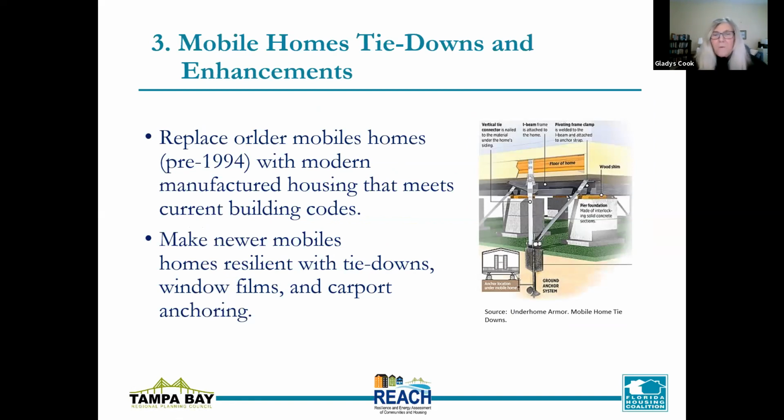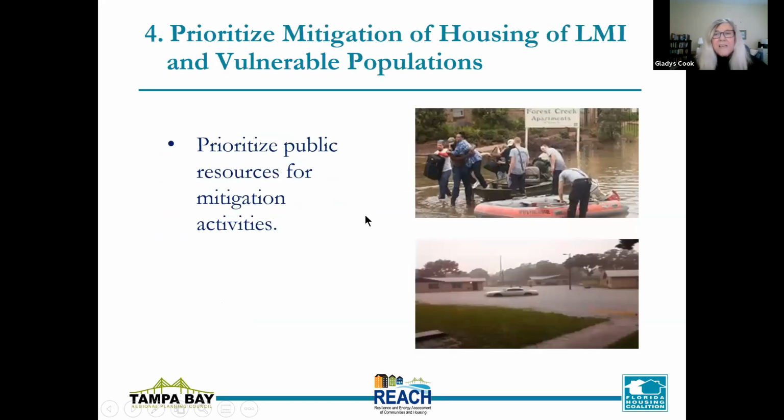Those things go a long way. But also your older mobile homes can simply be replaced with modern manufactured housing, which fully meets modern codes. And another principle is to prioritize the mitigation of housing for low and moderate income and vulnerable populations. And this is clearly what the Florida Housing Coalition is focused on.